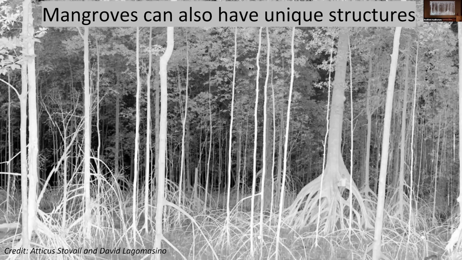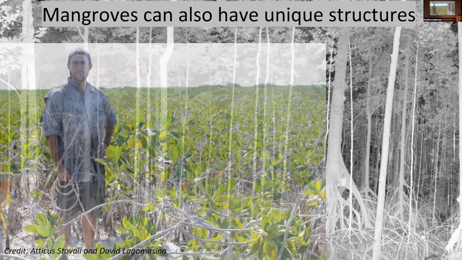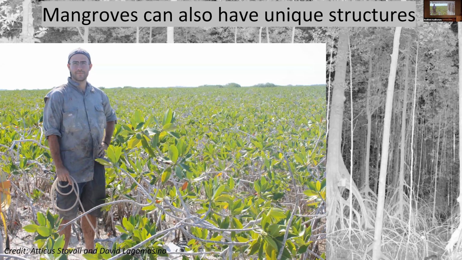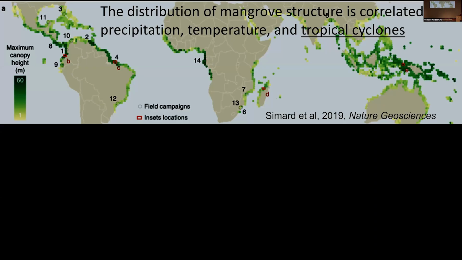So when you think about the structure, you're looking at 45-meter mangrove trees here in Gabon, maybe up to 50. And this is drastically different to some of the shorties that we have around the world, right? So we have these scrub mangroves and these really tall ones. And I just want to point out, I mean really tall, right? There's a person standing right there. And so there's a wide range of this productivity gradient that's driven a lot by the distribution of these different nutrients, and we'll get into that shortly.